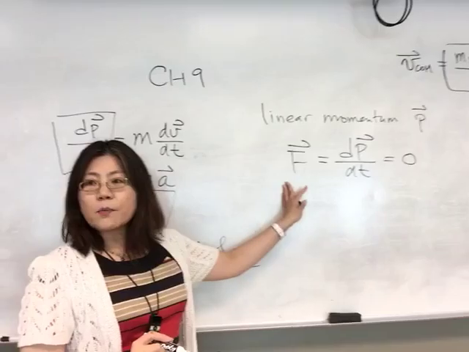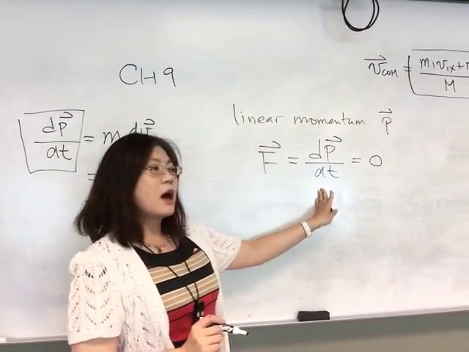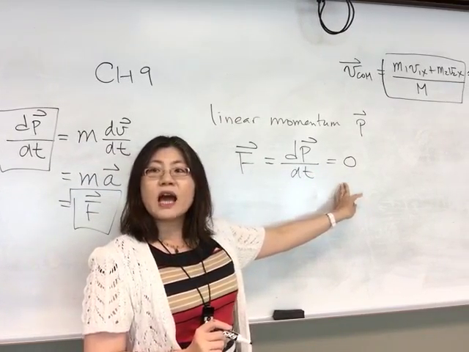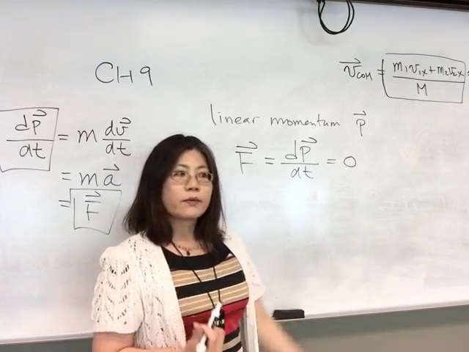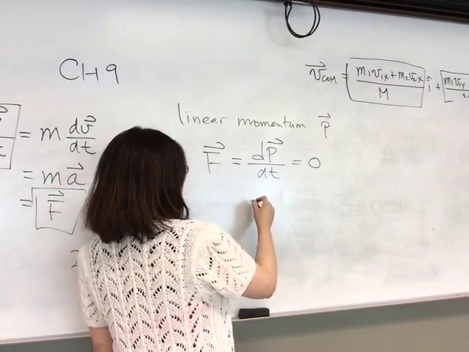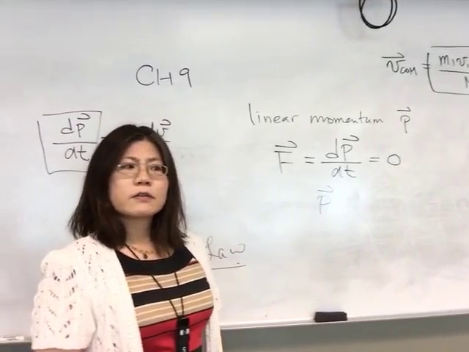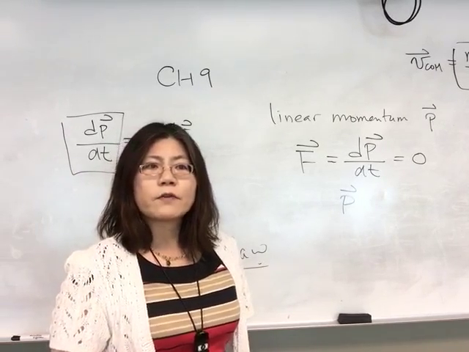When the net force acting on the particle or the system is 0, because F equals dp/dt, this quantity also has to be 0. When a quantity's time rate of change is equal to 0, what does that mean? It means that this quantity has to be a constant, right? Because it does not change with time.